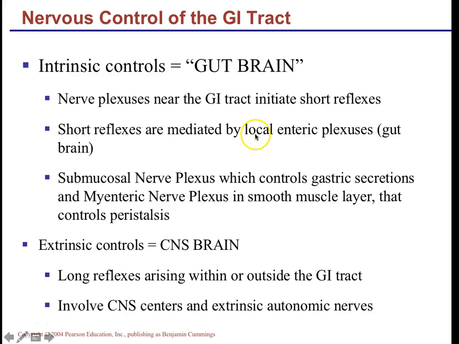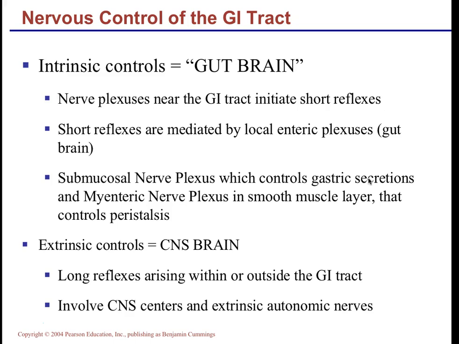It's mediated by local enteric plexus or local stomach and small intestine nerve nets, aka the gut brain. There are two of these nerve nets. One is called the submucosal nerve plexus or nerve net, and that's going to control gastric secretions. And we'll go into this in a second.